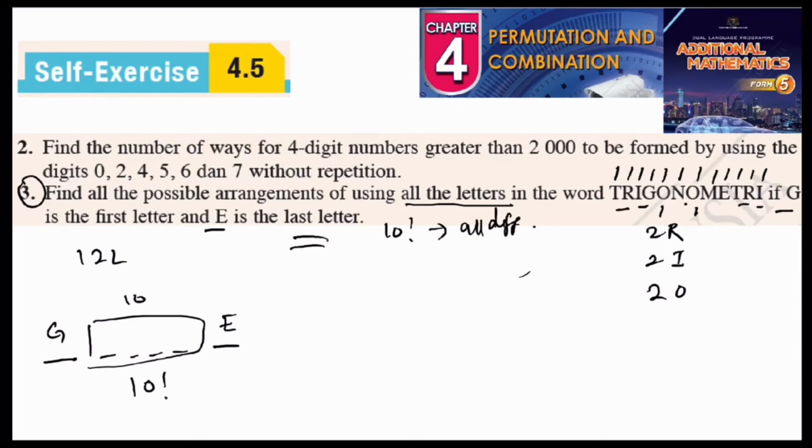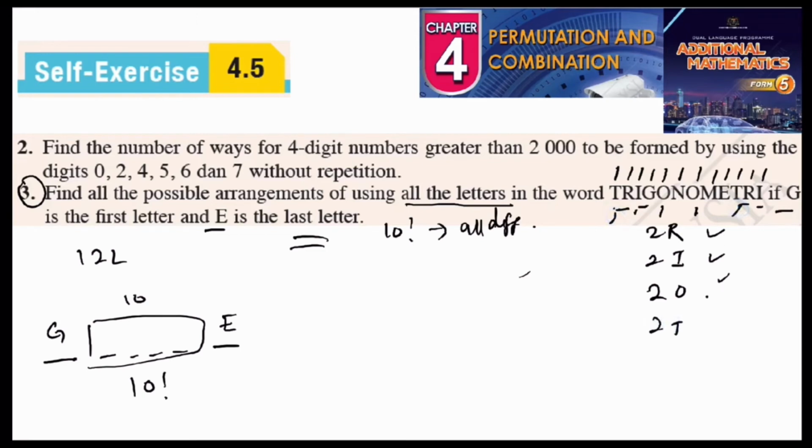After we double check, we must make sure we list down the letters which are repeating before we divide. Once we have found the repeating or identical objects, we are going to divide them. We have 4 letters repeating, R, I, O and T, right?